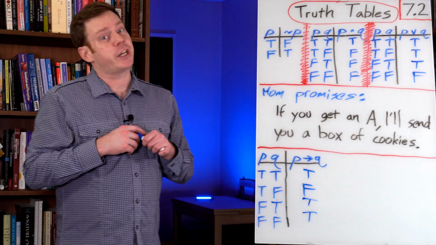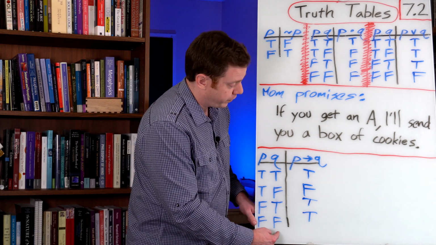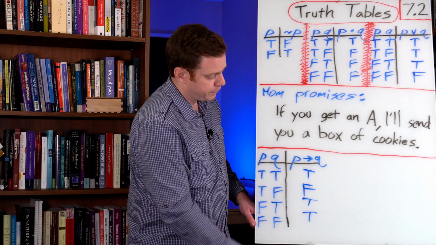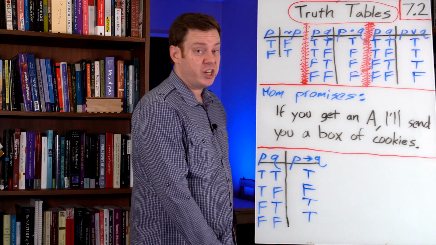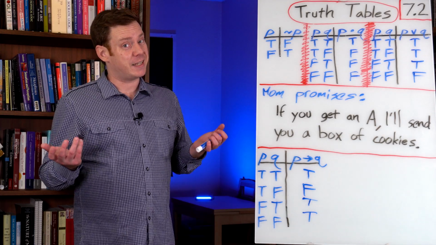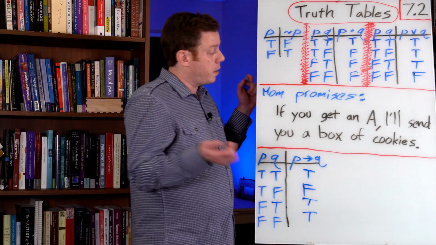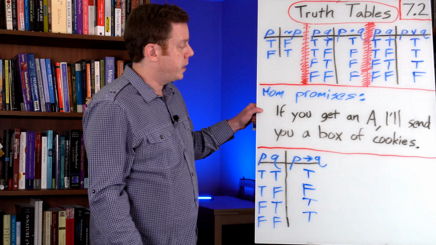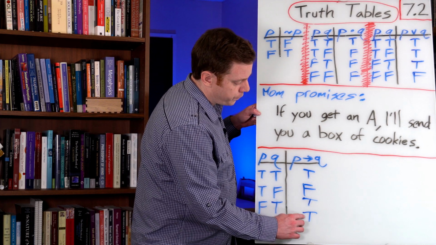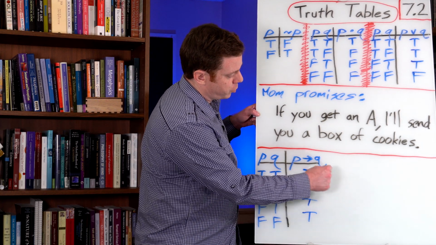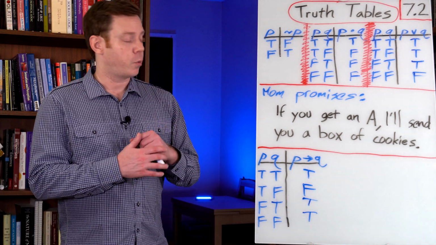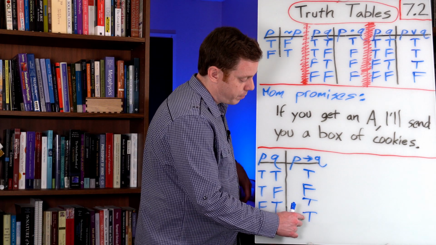Mom doesn't send you cookies. So that's like false, false, right? It's false that you get an A, and it's false mom sends you cookies. Did mom break her promise in that case? No, because you didn't meet the condition, you didn't get the A. So the whole conditional if-then is still true, right?